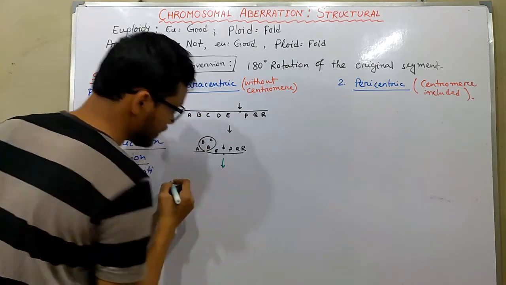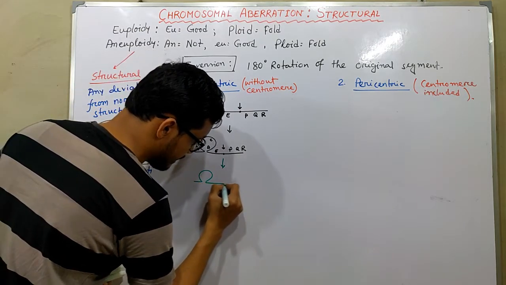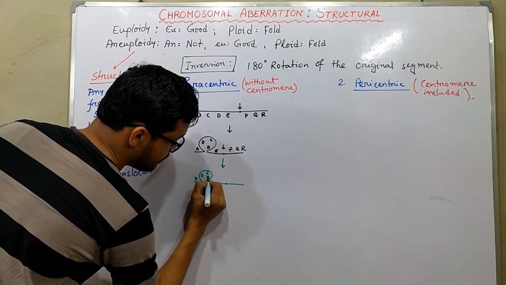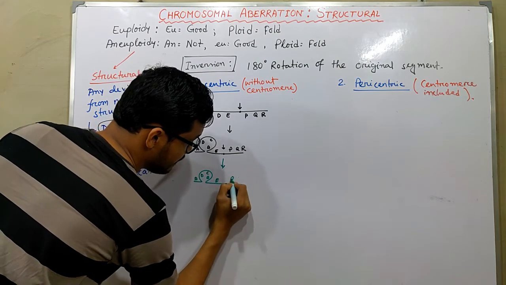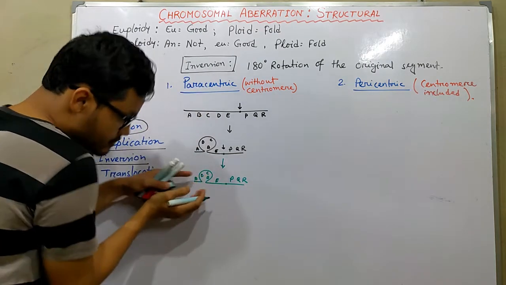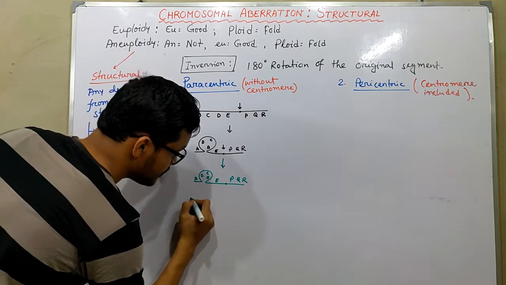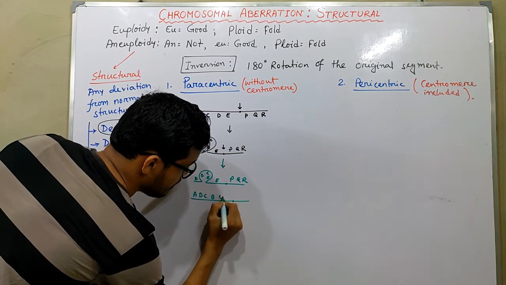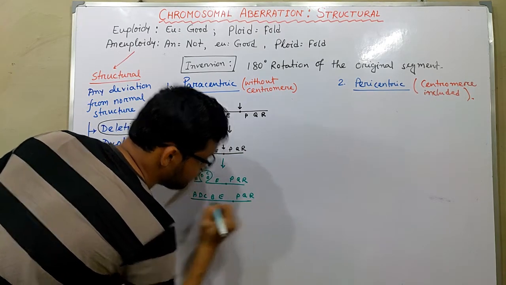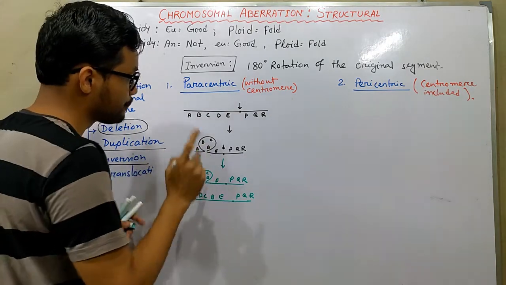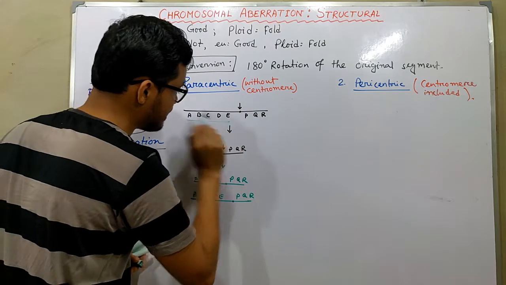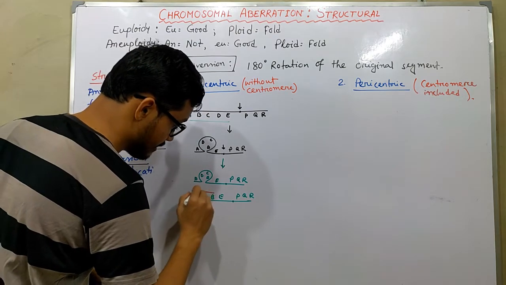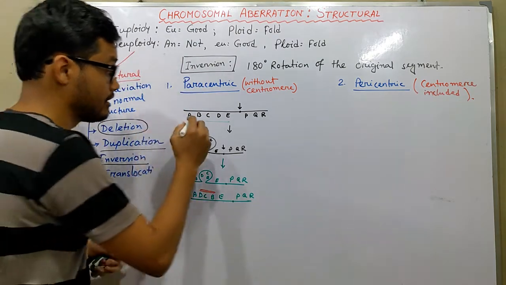After that, it produces the following: A is here, B is here, C is here, D is here, E is here, then P, Q and R. If we stretch out that loop, we now have A, B, C, D, E, P, Q and R. If you observe the original sequence, A, B, C, D, E, the inverse sequence, D, C, B, is the 180-degree rotation of the original sequence.